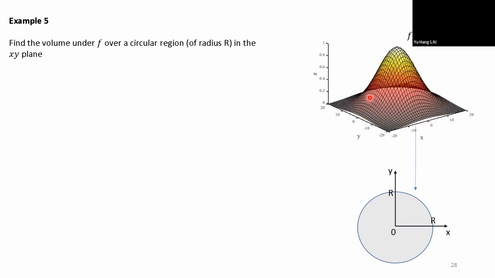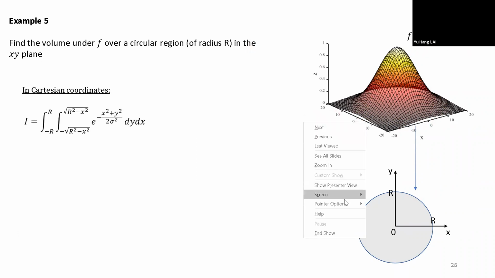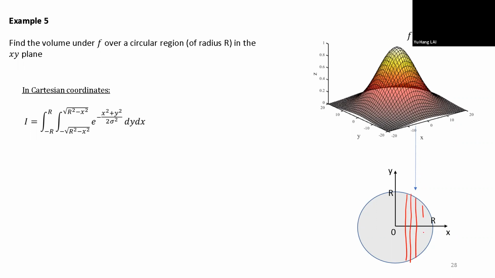If you try to use Cartesian coordinates, what you're doing is cutting this circle into these slices. If you are thinking of this, then this is the integral that you'll get.